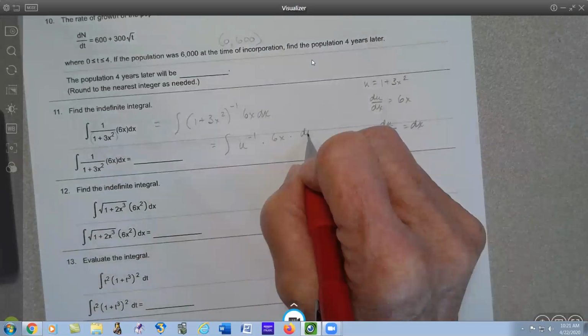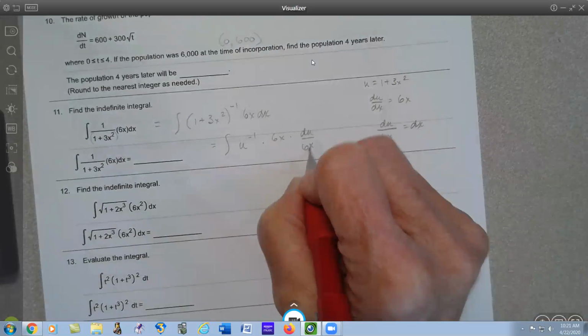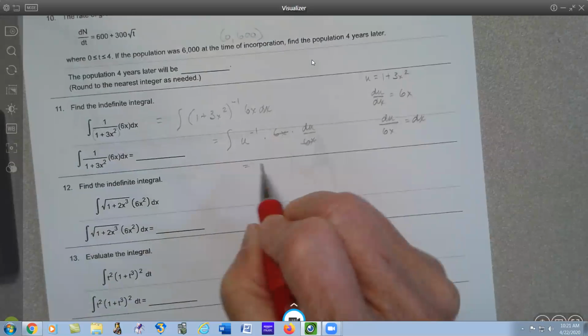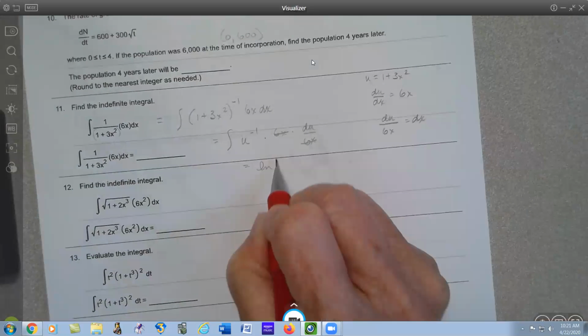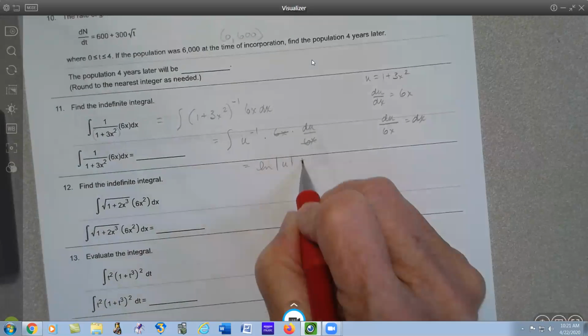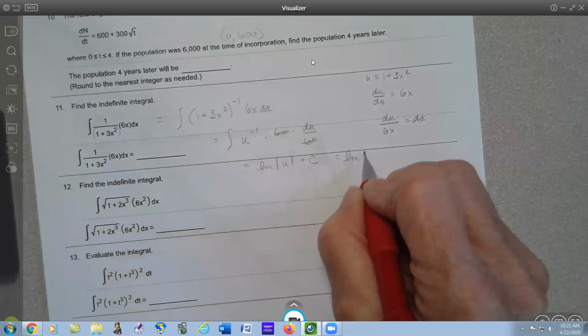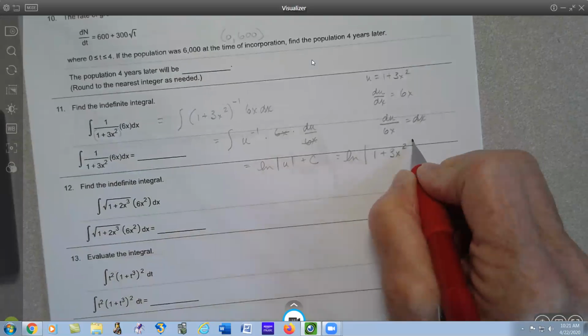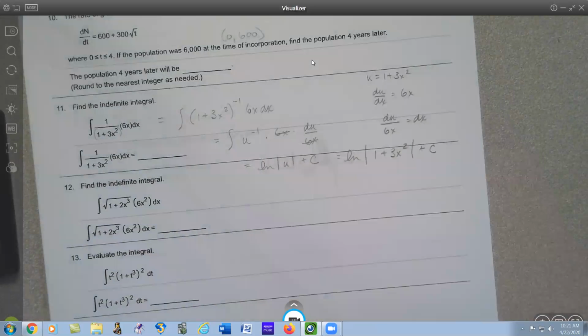Very nice. So it looks like I just end up with natural log of U. But for my answer, I'd have that. Now, I have a question about the writing in the natural logarithm.